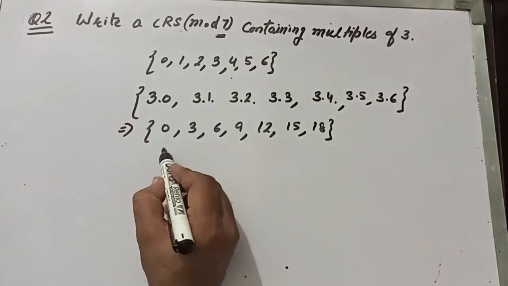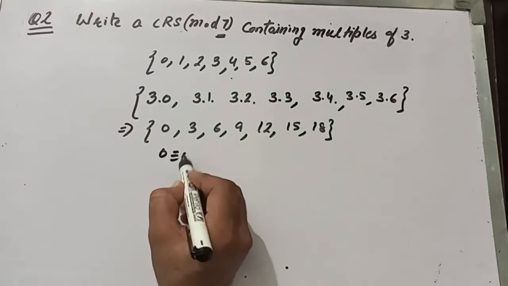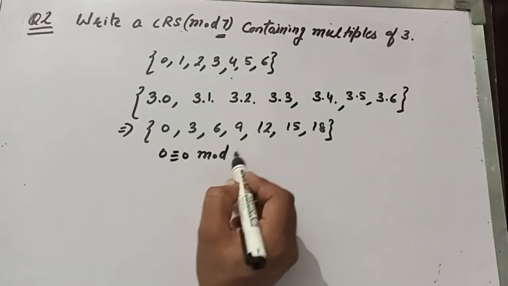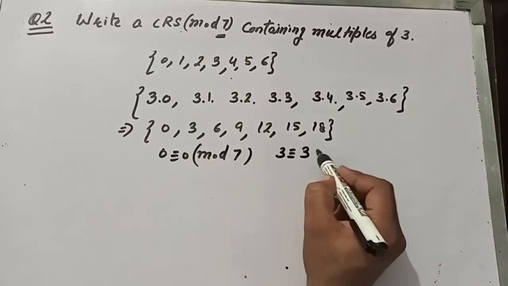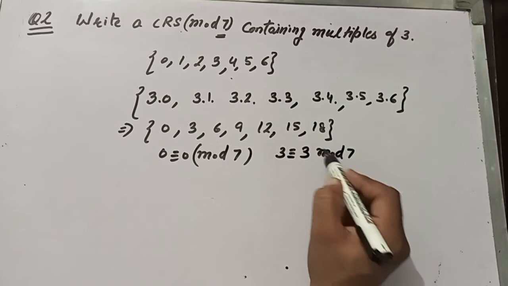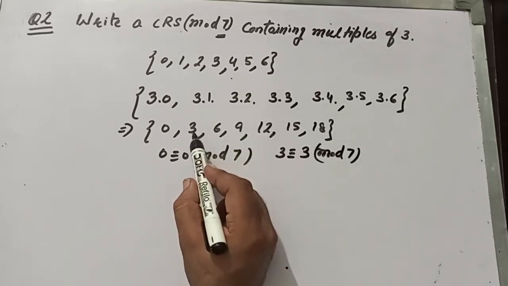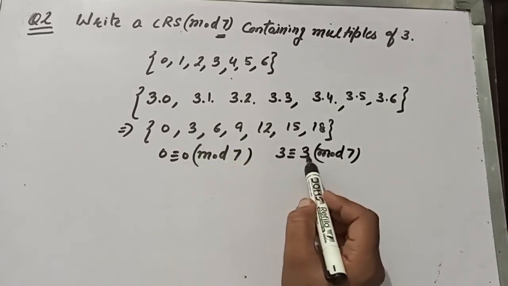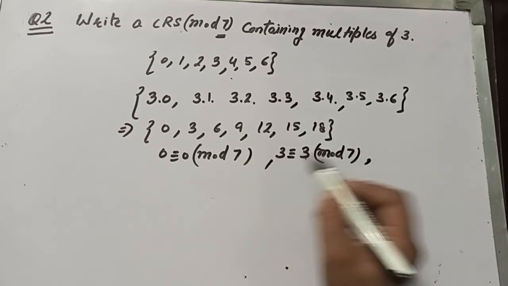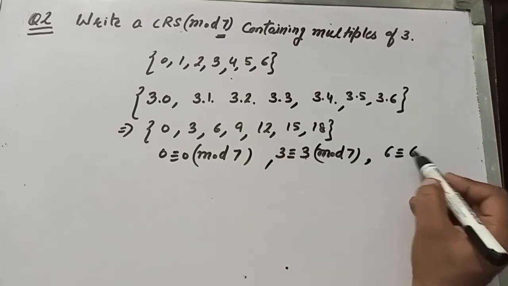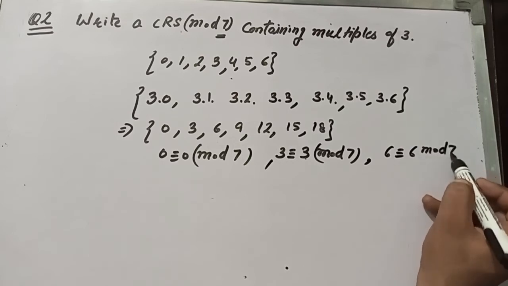See this, 0 is congruent to 0 modulo 7, 3 is congruent to 3 modulo 7, because unless or until the number is smaller than 7, it is congruent to itself. Similarly, 6 is congruent to 6 modulo 7.